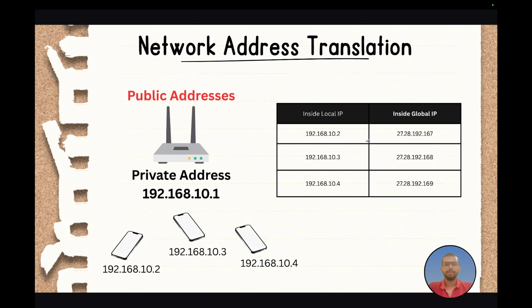But from a practical perspective, we cannot have one individual public IP address for each of our private IP addresses. If we were to map each individual private IP address to a unique public IP address, then eventually we will run out of public IP addresses, right?